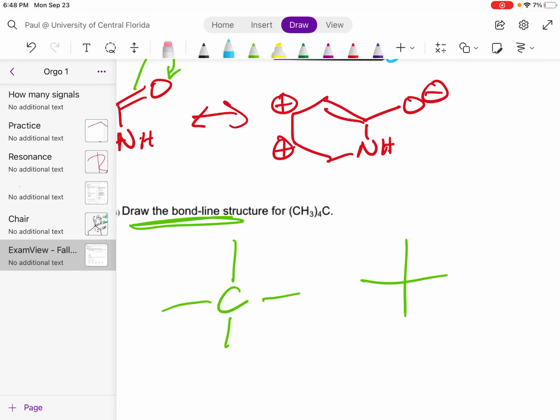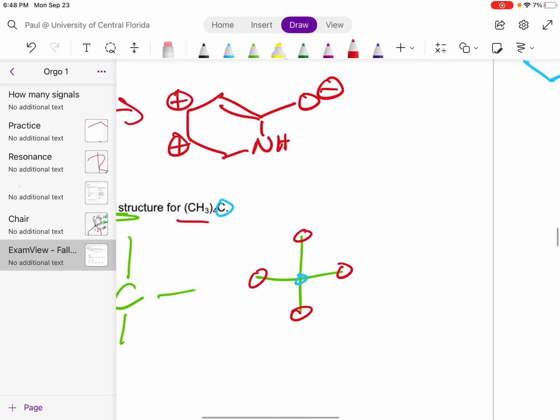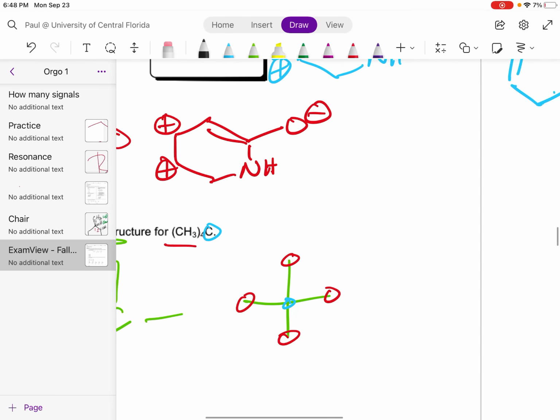You can see that this carbon right there is that one. And then we have 4 methyls. 1, 2, 3, 4. So if we expand it completely out, we could see a carbon to a CH3 to a CH3, CH3 to CH3.